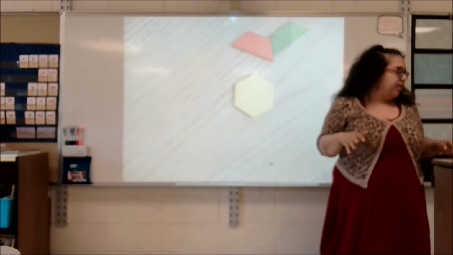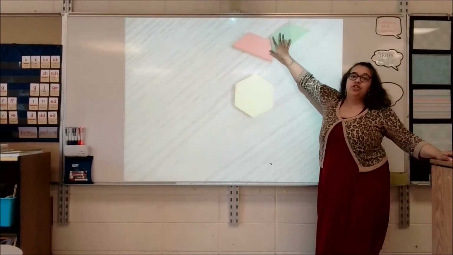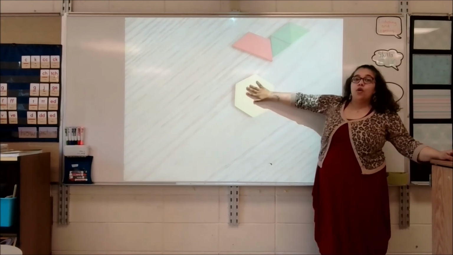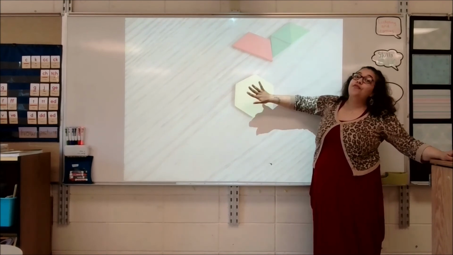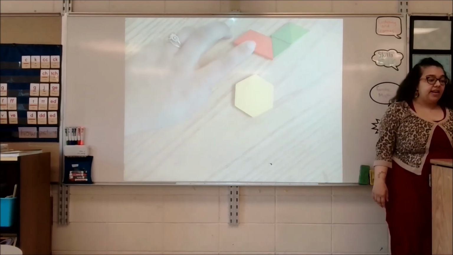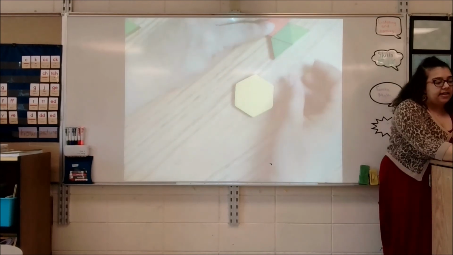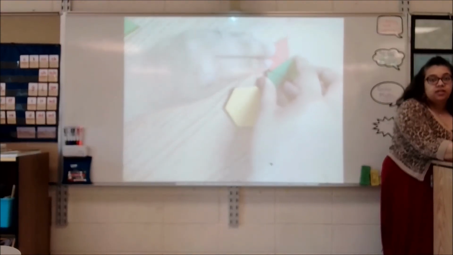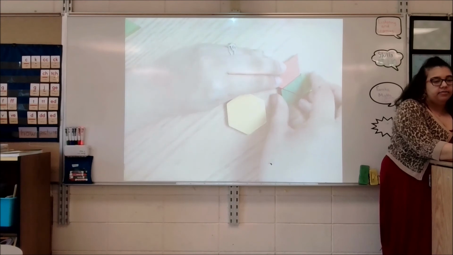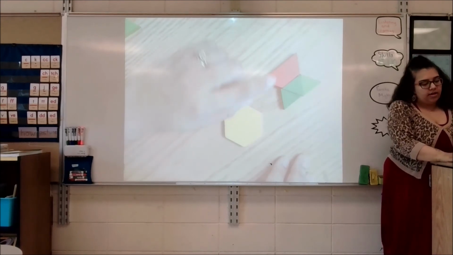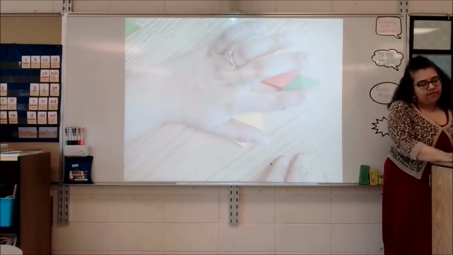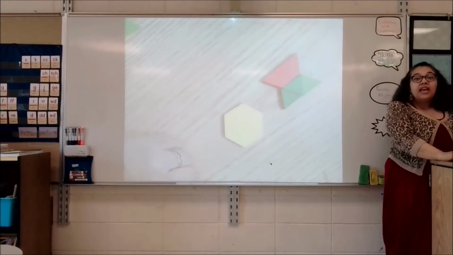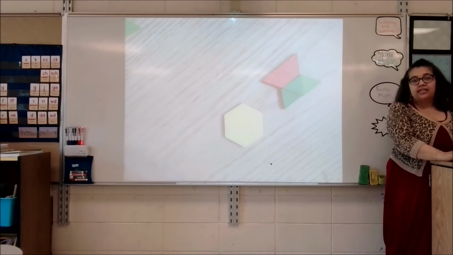But let's see if we can reposition our composite shape, our combined shape, to make a more official, a more formal hexagon. So instead of connecting it like this, what if I connect it like this? Is this still a hexagon? 1, 2, 3, 4, 5, 6. Yes, this is still a hexagon. Does this hexagon match this hexagon yet?